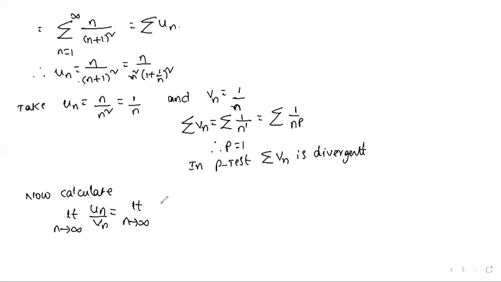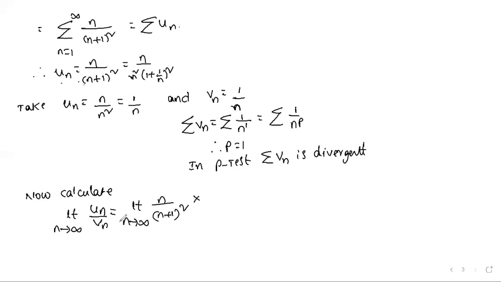Limit n tends to infinity, what is un? Un means n by n plus 1 square, and vn means 1 by n. This is un.